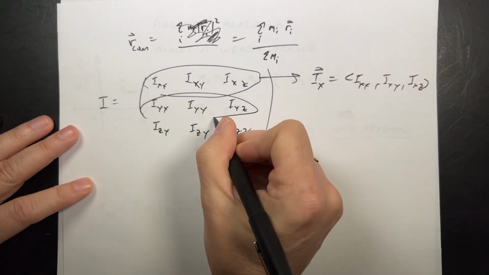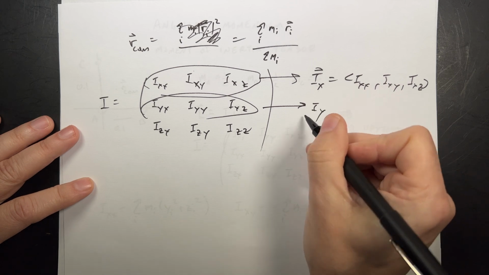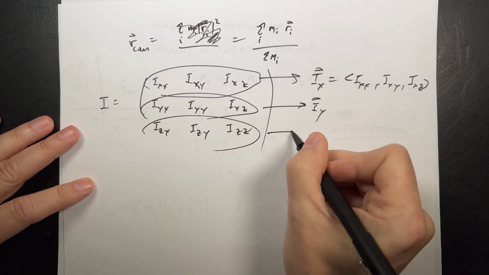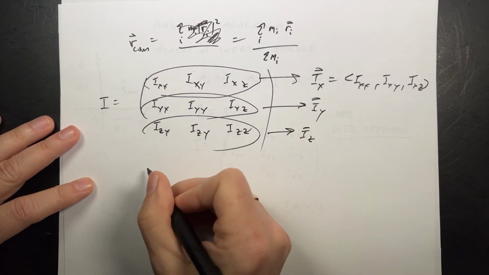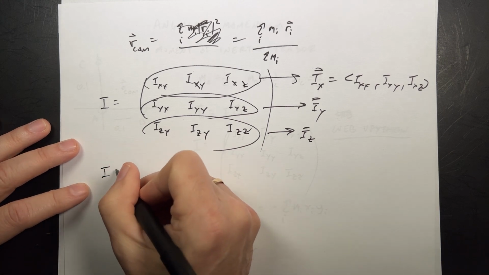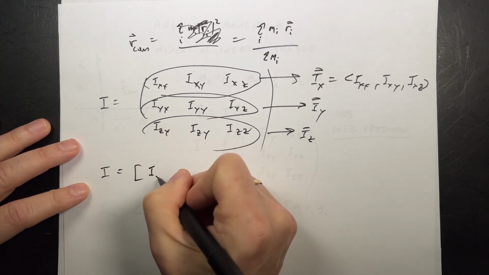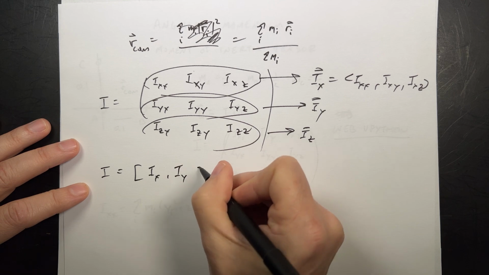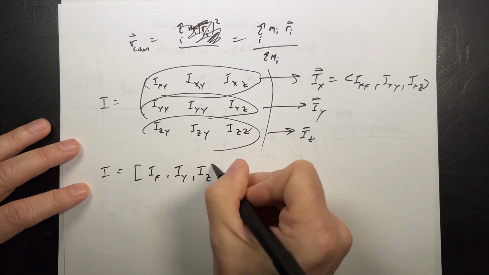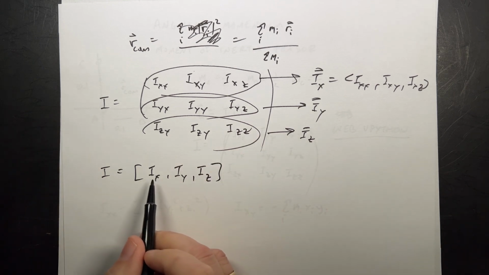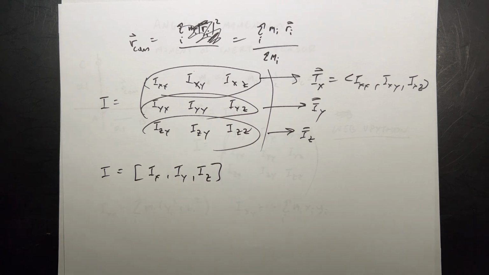And then this I'll call the vector IY, and this I'll call the vector IZ. And then my I will just be a list of IX, IY, IZ. So then I can have a list of vectors, and that is the same as this. Does that make sense?